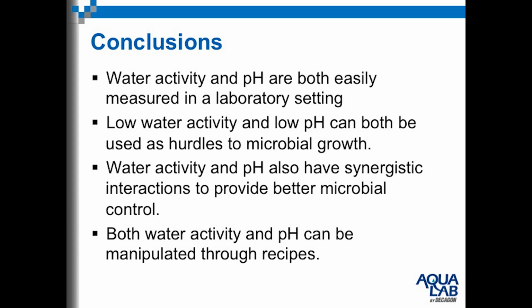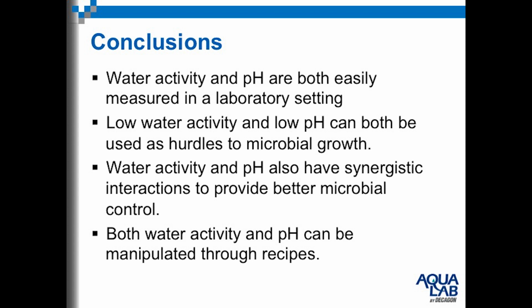What is its water activity? What is its pH? Are you falling into the right square on your matrix from the tables that I showed you earlier from the food code? As long as you're continuing to fall into those correct values, you set those as your specifications. You verify that routinely, and you're making sure that your product is safe.